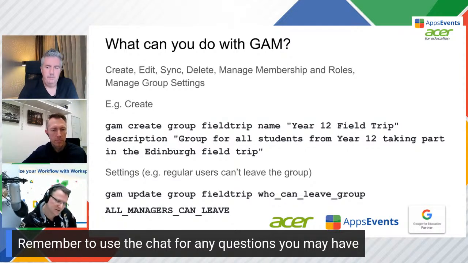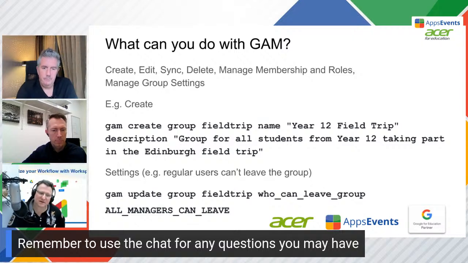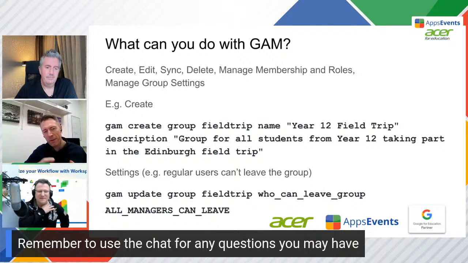If you say that the managers can leave it, it means the regular members of that group can't go anywhere, and they're locked into that group. So they can't leave it, which is a really useful tip. I really like that. You can mirror it on Google Classroom now as well, so you can stop people leaving classes. It's good to have that on, then you can stop students leaving groups.